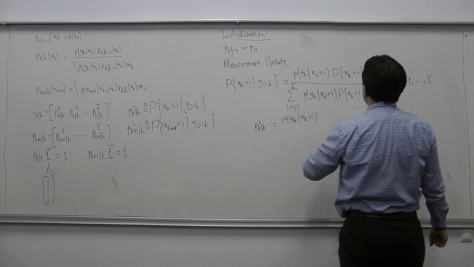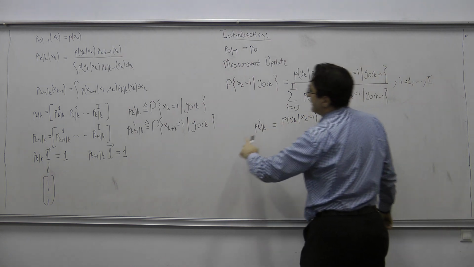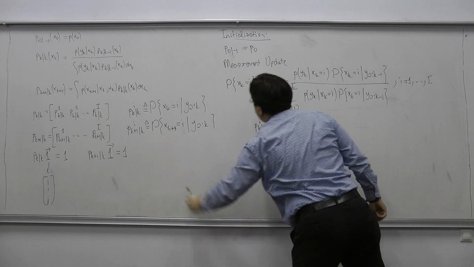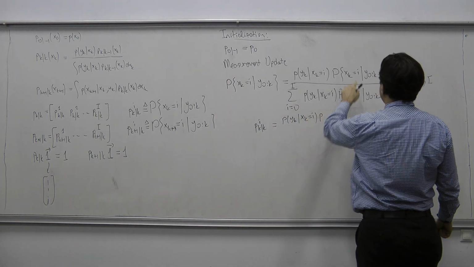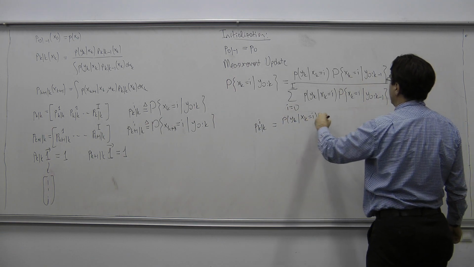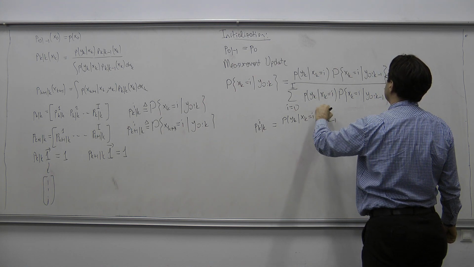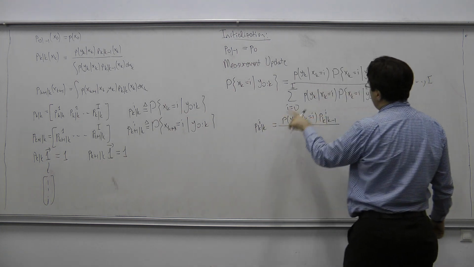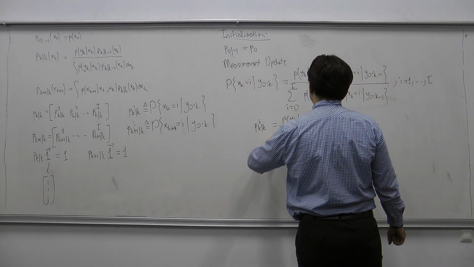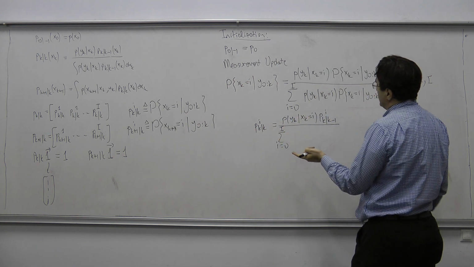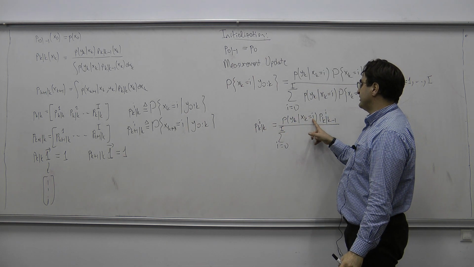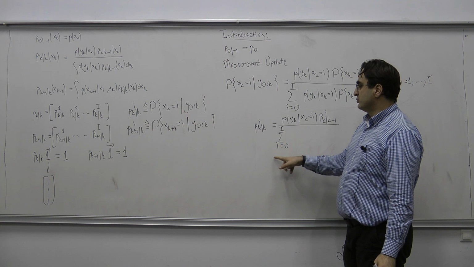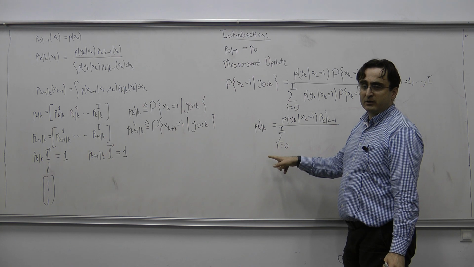And this is my predicted distribution, p_{k|k-1}^i, divided by the summation of these elements, i from 0 to I. Sometimes, in order not to confuse this i with the summation argument, we do the sum with respect to another variable, like j.